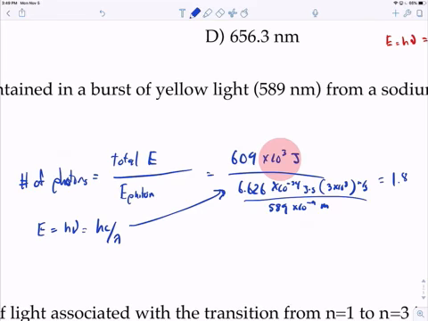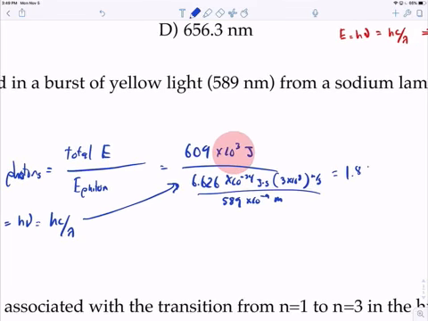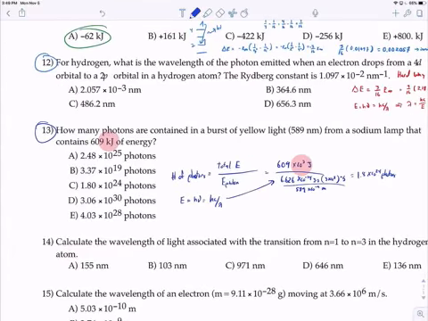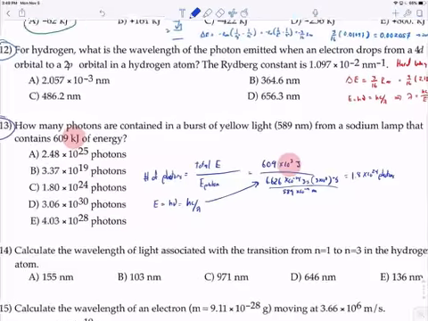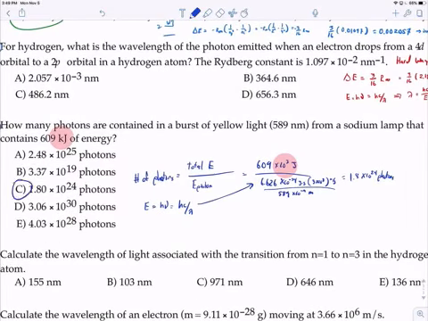Getting 1.8 times 10 to the 24 photons. So, yeah, answer C.